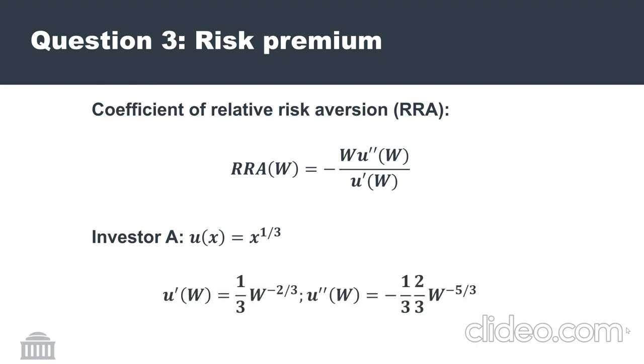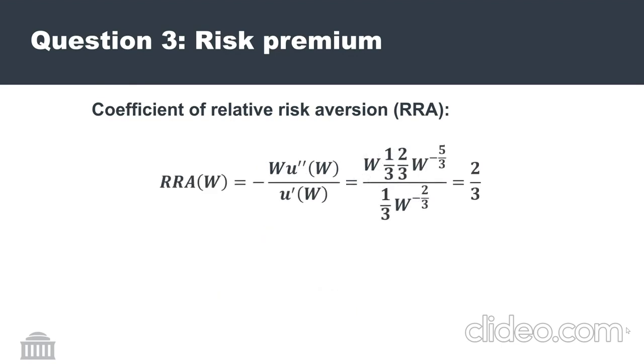What we need to do is compute the first and the second derivative of this utility function so that we can compute the coefficient of relative risk aversion. The first derivative of this utility function is given by the first part of this expression, and the second derivative is given by the second part.